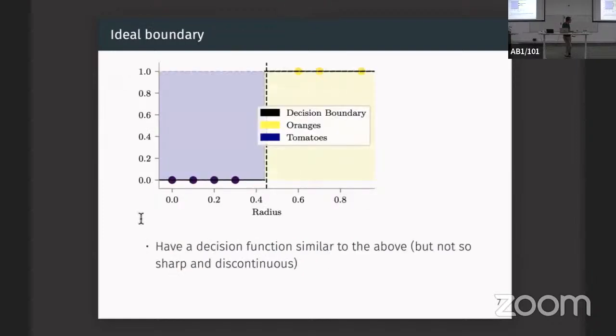But before sigmoid, don't you think this is a better function to use for classification? Right? It's something like a step function. Doesn't it look like a better version of sigmoid? Doesn't it look like something we should have used? But why do you think we don't use this?